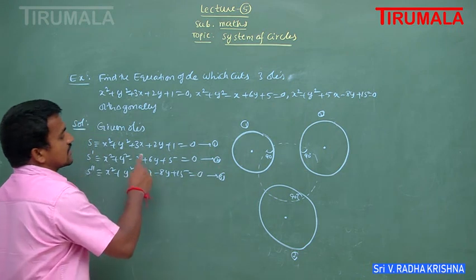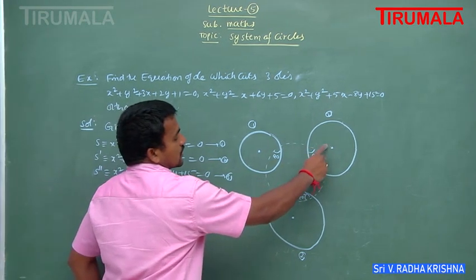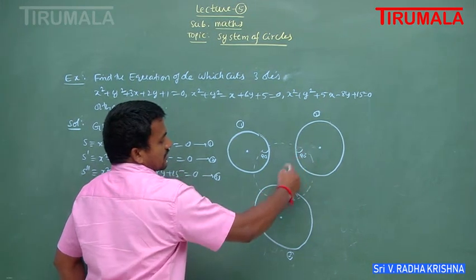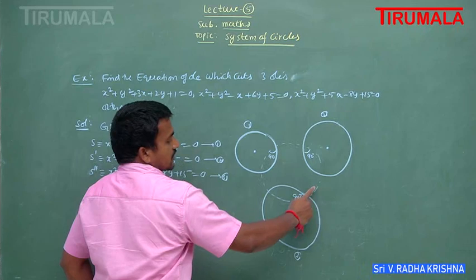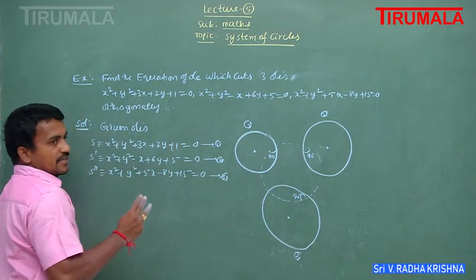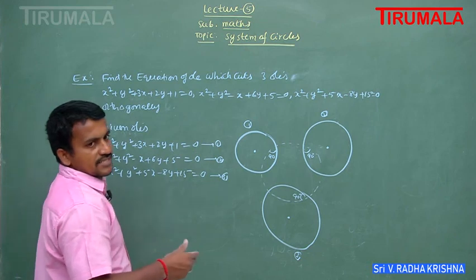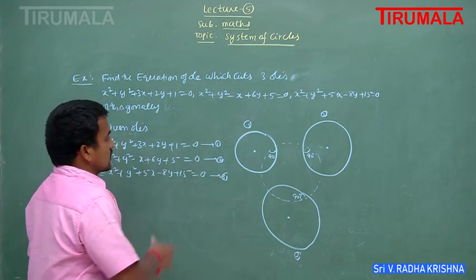We get a relation in g, f, c, one equation. Again orthogonality for 2 and the required circle, another condition we get. Next, orthogonality for this circle and this circle, another condition. Three equations in three variables we get. Solving 1, 2, 3, we get the g, f, c values and the required circle in the first exercise model. So this is the easy model.